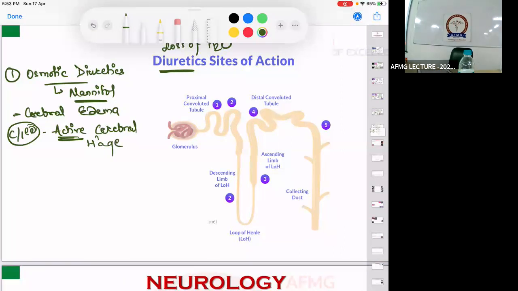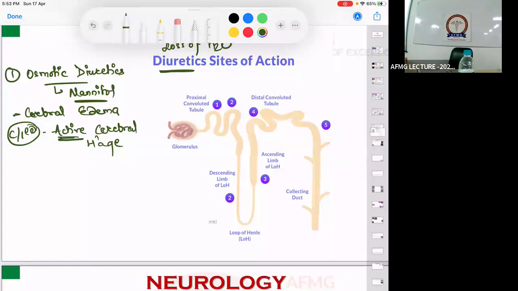And what will happen in cerebral hemorrhage? See, the patient is having a subdural hemorrhage, right? There will be raised ICP. Increased intracranial pressure can be there due to cerebral edema as well, but at that time you definitely give mannitol to the patient because the bleeding is not active now.